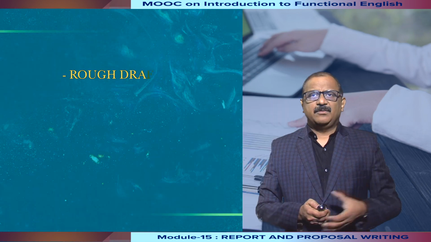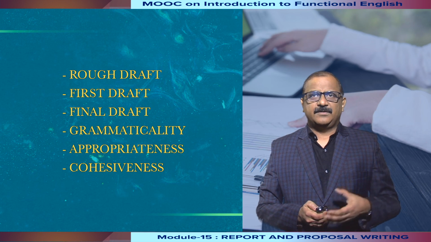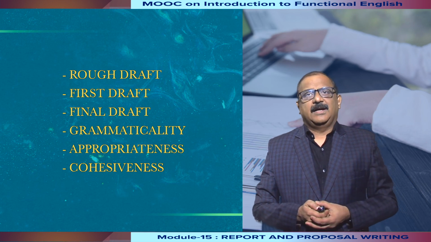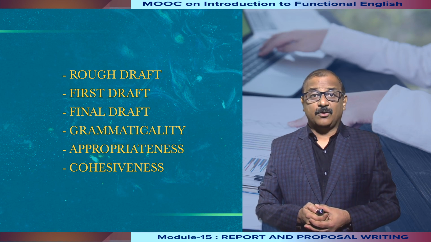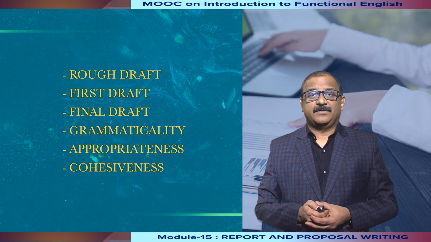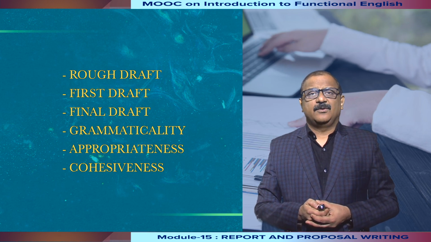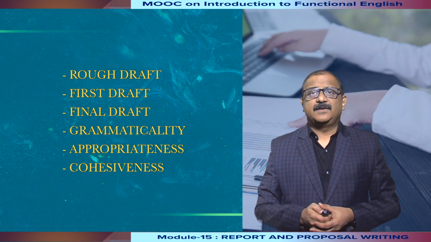So whether it is a report or your proposal, you make first a rough draft, and then from the rough draft you come to the first draft, and then you make the final draft. Take extra caution before you make the final draft, because that would be the one that you will be handing over to the intended authority.